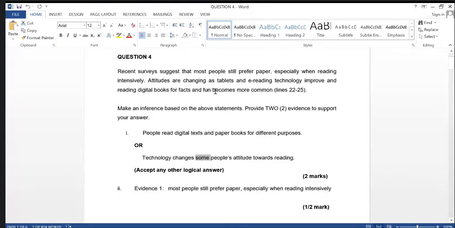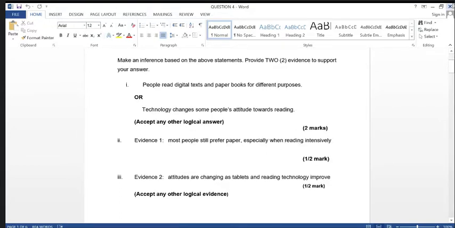But here it says become more common. When you have the word common, I assume that technology has been able to change some people's attitude, because it becomes more common, but it's not the only thing being used. That's why I put the word some. This is about the technology, this is about the purpose.